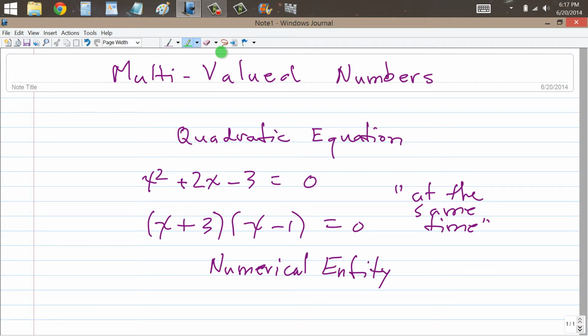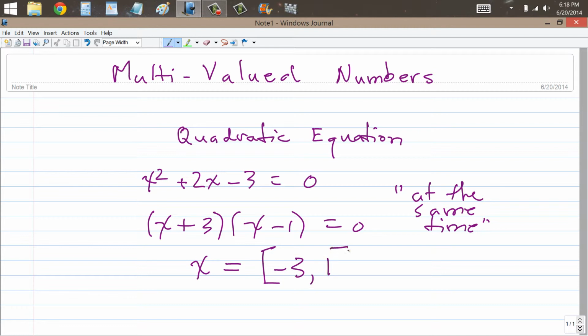That is to say, the solution to this equation is x equals a numerical entity minus 3, 1, which I denoted by using these square parentheses like this. So the solution of this equation is a two-valued number.